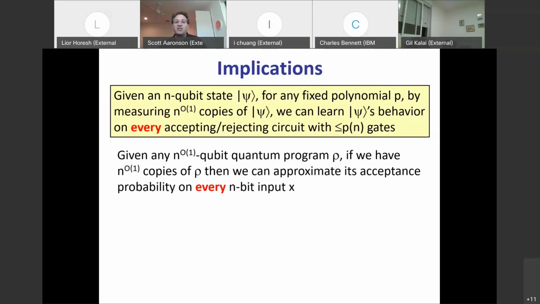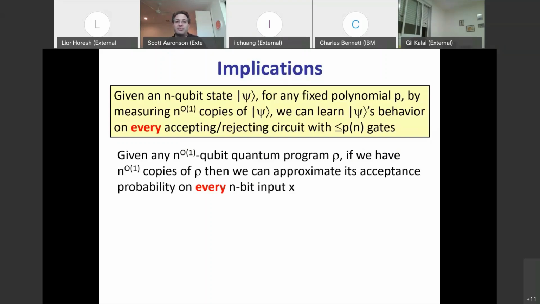Well, if you're the software company, you might hope that you could sell one-time programs, or programs that people would only be able to evaluate on one input or on a few inputs. And after that, the program would just disappear, and the customer would have to go back to the software company and buy a new one.